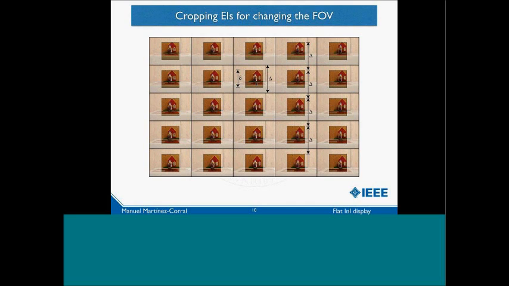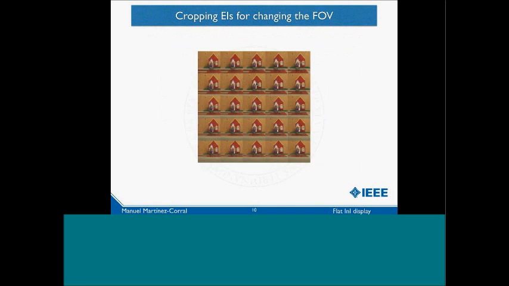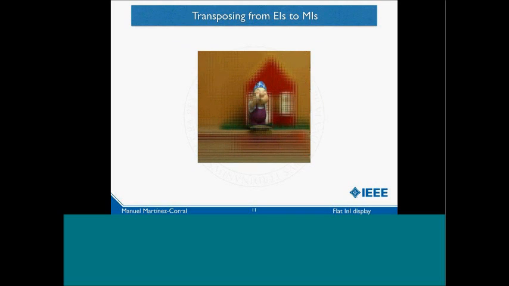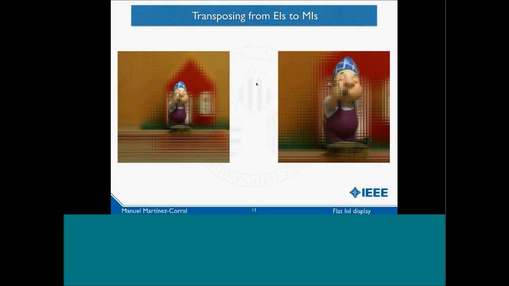Then we crop the images and obtain the collection of elemental images. Now we extract the pixels, which means that we can make the transposition between elemental images and micro images. Or with a different level of cropping, we can obtain another different collection of micro images.